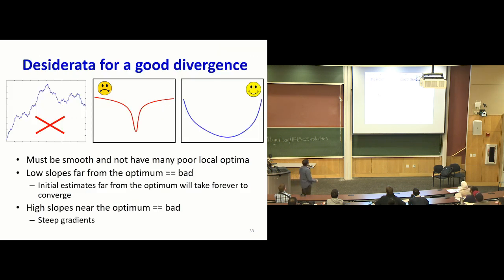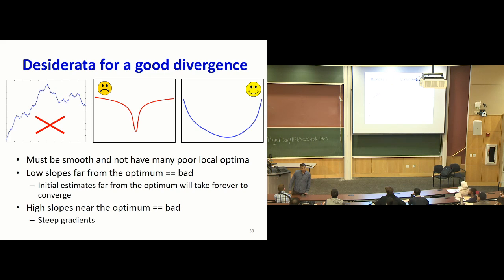So if your divergence function has this beautiful shape out here, you're not going to have any luck doing anything useful with it, because there are just millions and millions of little local optima, local minima, and the entire shape is kind of ugly, right? Now, if the divergence function is like this, it has a nice little local minimum, and it's a very steep local minimum.